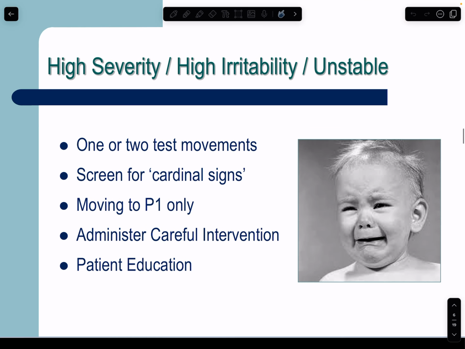So what do we do with the person who is highly severe, highly irritable? You, first of all, know that most of your time is going to be spent with patient education and coming up with a plan for mitigating their current situation. So in this case, you're probably going to say, I don't want to reproduce this person's symptoms repeatedly.